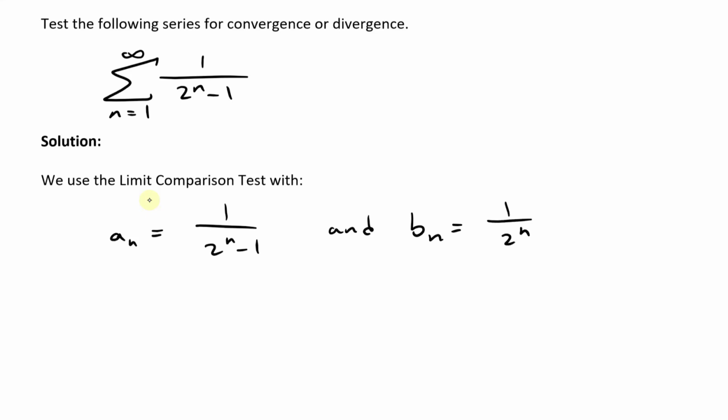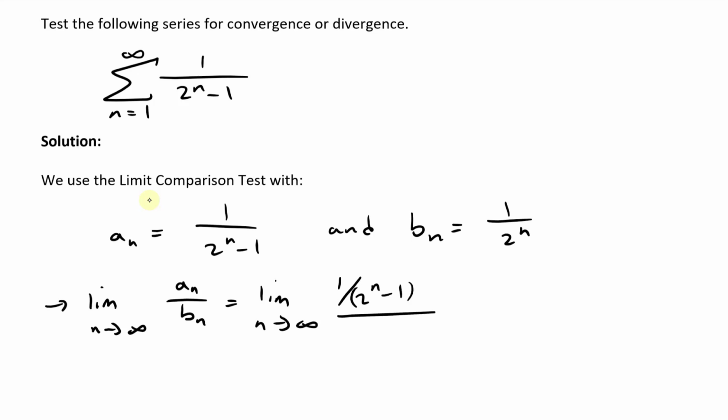Now we take the limit as n approaches infinity of a_n over b_n. This equals the limit as n approaches infinity of 1 over 2^n minus 1, all divided by 1 over 2^n.